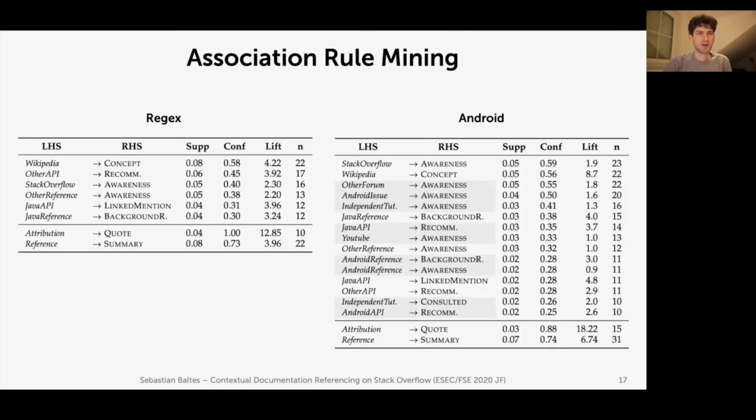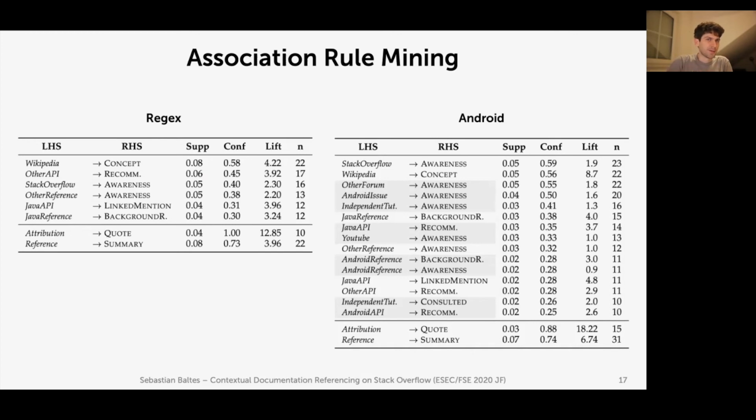We then use the labeled links to mine association rules between link purposes and documentation resource categories. We did this to validate our coding, but also to explore this relationship.